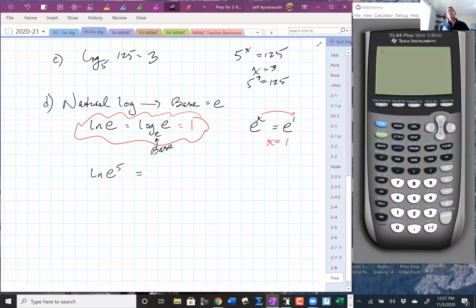Think simple. If it helps you to think about it, rewrite it like this. These are the same things. The natural log is log base e. Mondo thinks it's 5. What do you guys think?